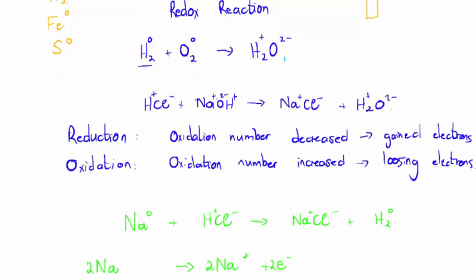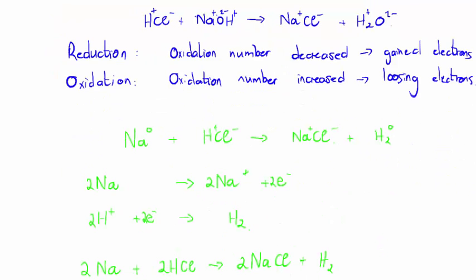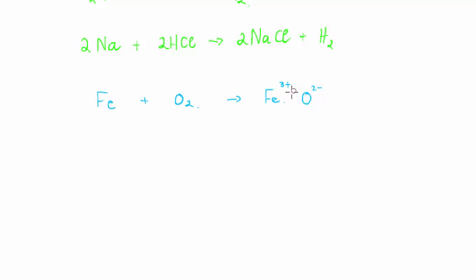So I need to know what little subscript I'm going to have, and hopefully you can see you're just finding the lowest common multiple for both of those, which is 6. So this one must be multiplied with a 2 and this one with a 3. So now 2 times 3, I've got 6 positives. 3 times 2, I've got 6 negatives. Okay, that's how you find that.